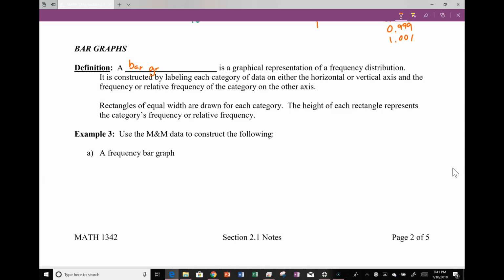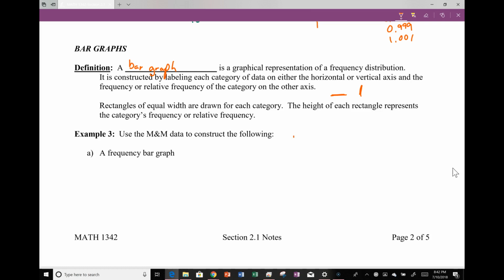So a bar graph is just a graphical representation of that frequency distribution. It's constructed by labeling each category of data on either the horizontal or the vertical axis, and the frequency or the relative frequency of the category on the other axis.